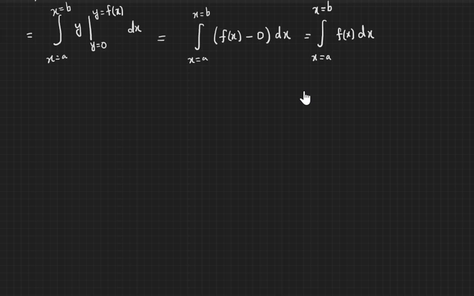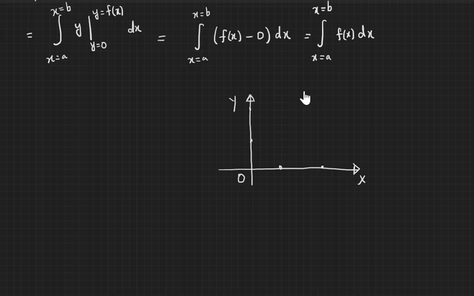For example, I want to find the area of the square in this two-dimensional region. Let's say this is the x-axis, and this is the y-axis. They are meeting each other at the origin. Let's say this one is 1, this one is 2, this one is 1, and this one is 2.